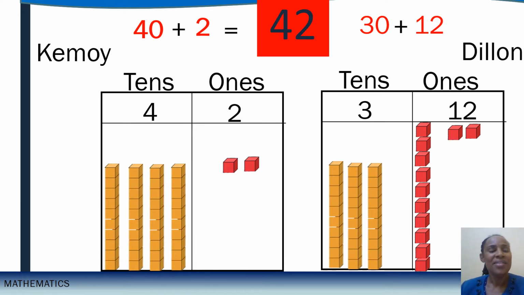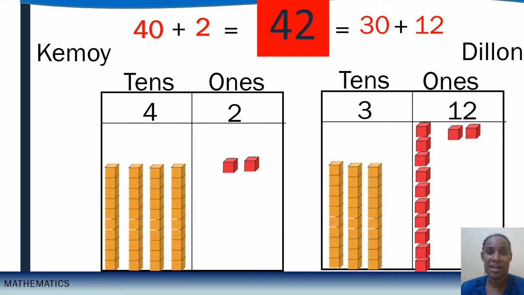So 12 added to 30. Let's go. 30, 31, 32, 33, 34, 35, 36, 37, 38, 39, 40, 41, 42.